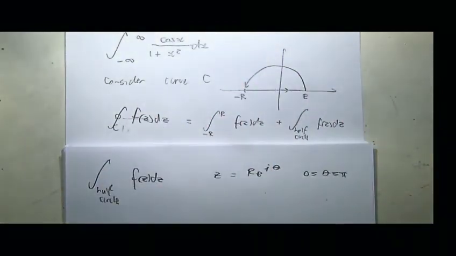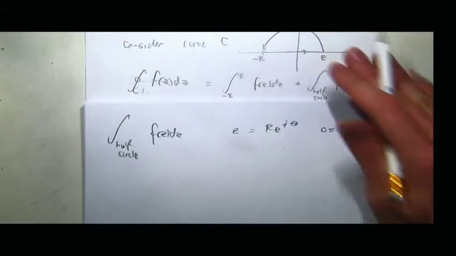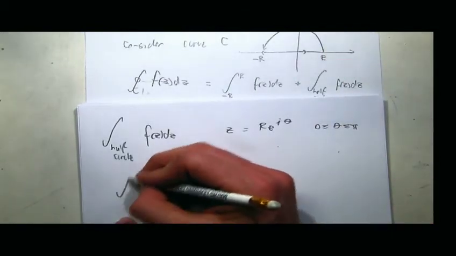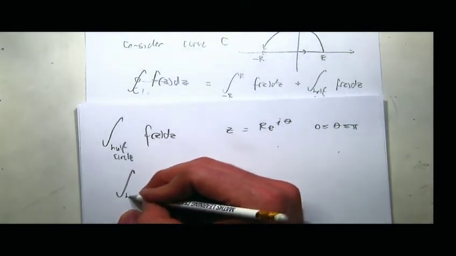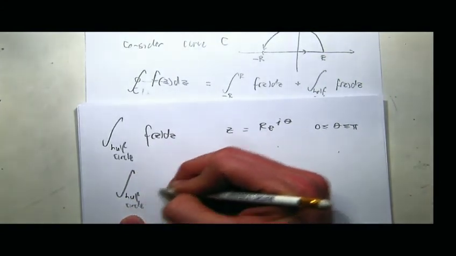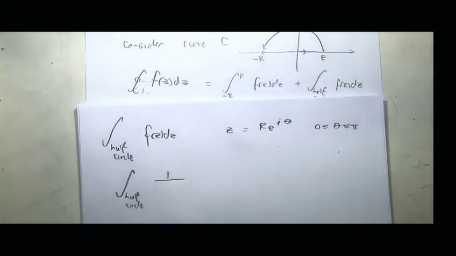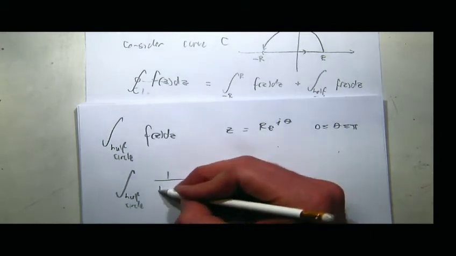And because weird things are going on, we have to figure out this one using methods of substitution. So the integral around my half circle, I'm not going to do the bit involving the cos, just the other bit.